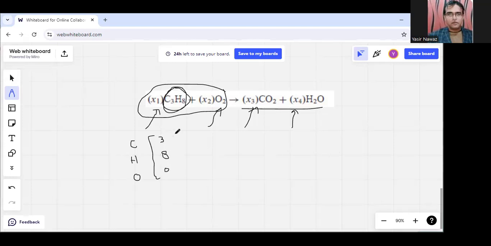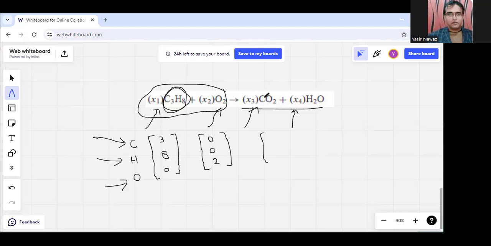In the second one, there are only two oxygen atoms, so carbon is zero, hydrogen zero, and oxygen two.